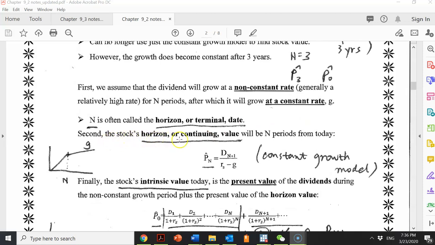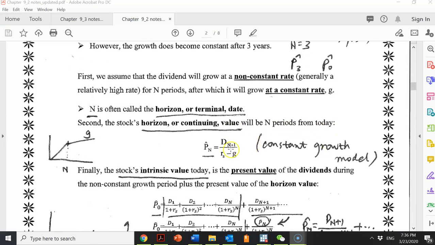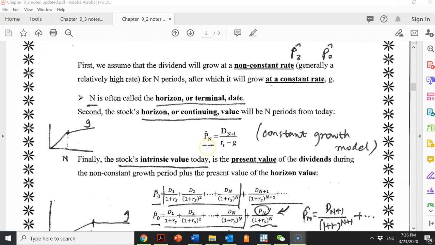Second, stock's horizon value or continuing value will be n periods from today. So the stock's value at the horizon date, Pn, is called horizon value. And for Pn, because after n years, it is all constant growth rates, so we can use the constant growth model to calculate Pn.